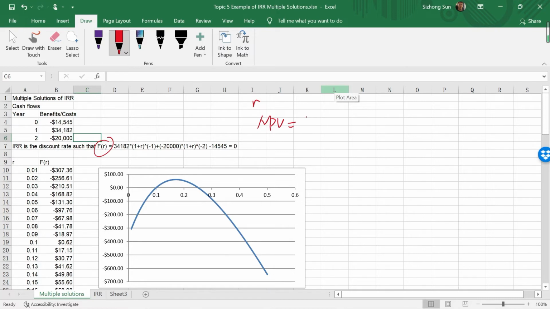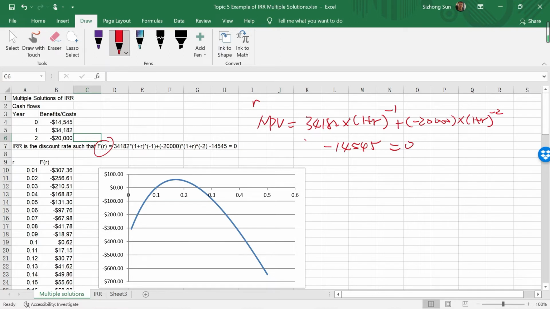So it's 34,182 times (1 plus R) raised to the power negative 1, plus negative 20,000 times (1 plus R) raised to the power negative 2, plus negative 14,545, and that's equal to 0.